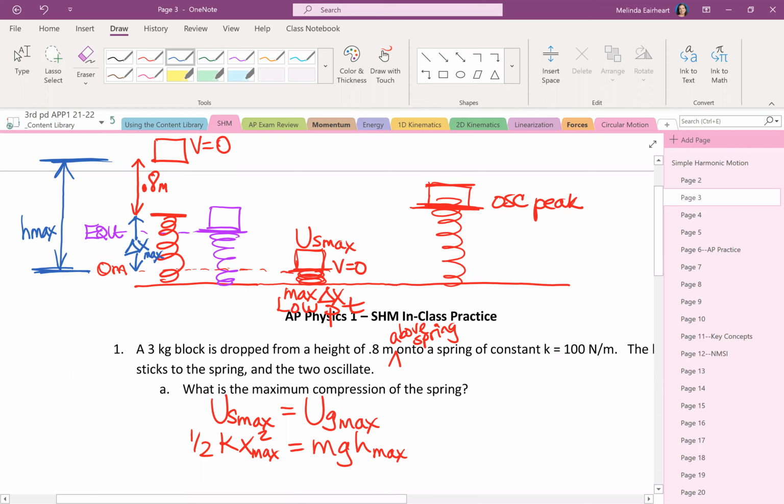Agreed? Because it's a vertical setup, your compression is also a height. So down below, for mgh, I'm going to say mg times (0.8 plus x max). Delta x max, same thing.